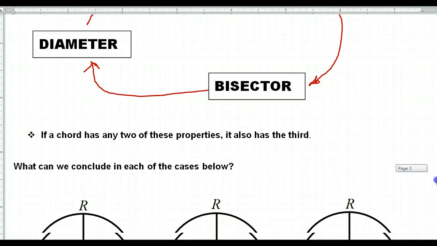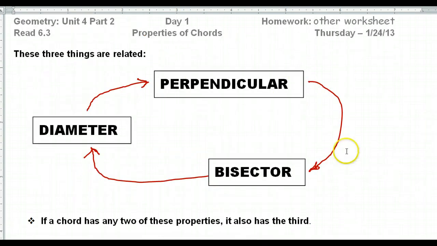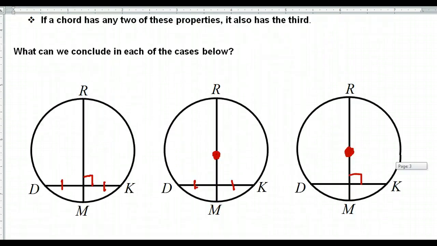So for example, look at these 3 cases. In each of these cases, I'm giving you 2 pieces of information. And so if I ask you what can we conclude, I'm looking for that 3rd thing. I'm giving you 2 of these, and the 3rd one you can infer.